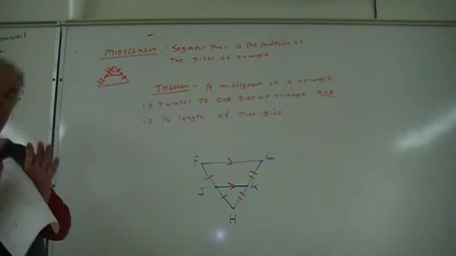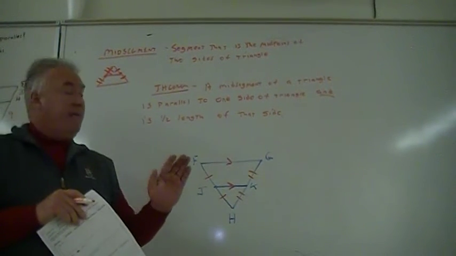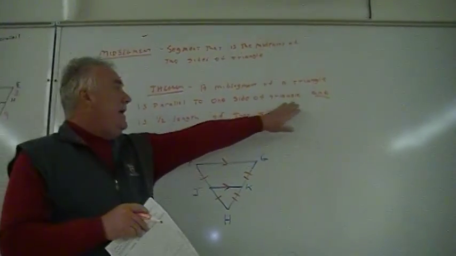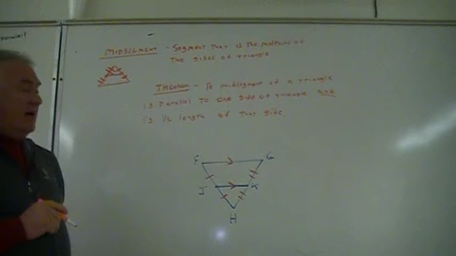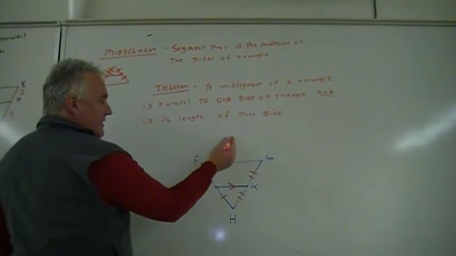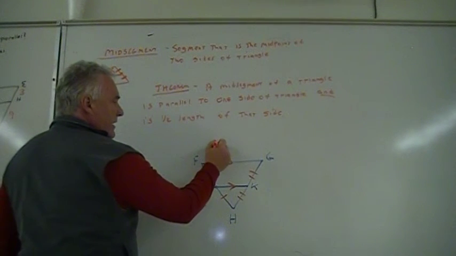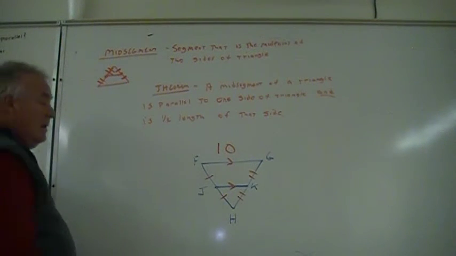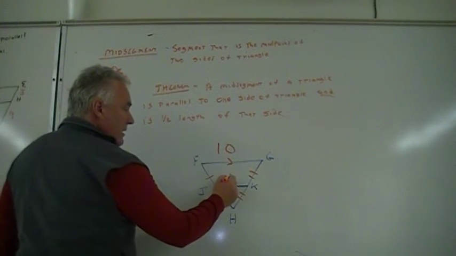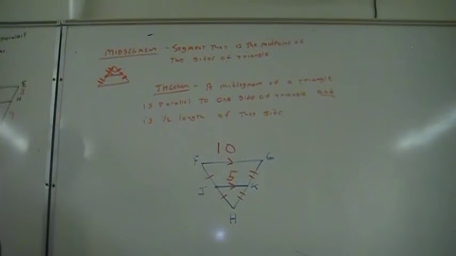So that's one of the conditions that happens when we have a mid-segment, and it is half the length of that side, half the length of this side. So if this length is 10 for FG, then JK is 5.